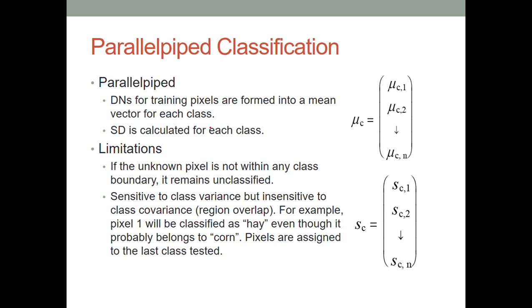So with the parallelepiped, we are using some metrics: digital numbers for training pixels are formed into a mean vector for each class, and standard deviation is calculated. The limitation is that if the unknown pixel is not within any class boundaries, it will remain unclassified.